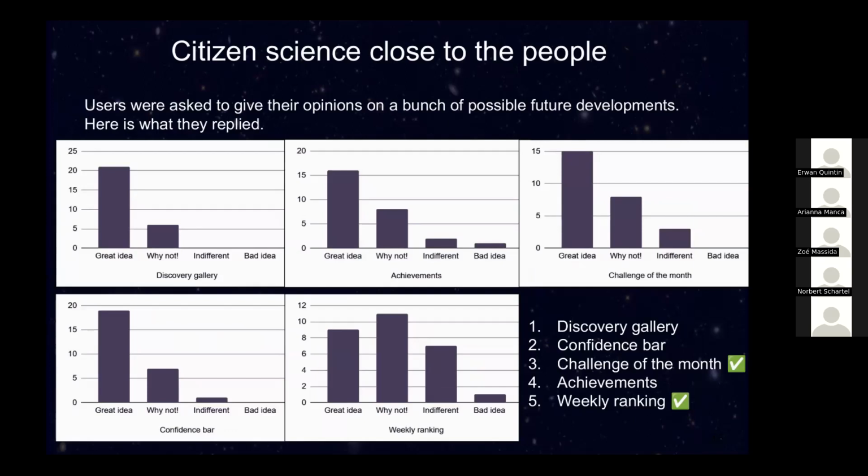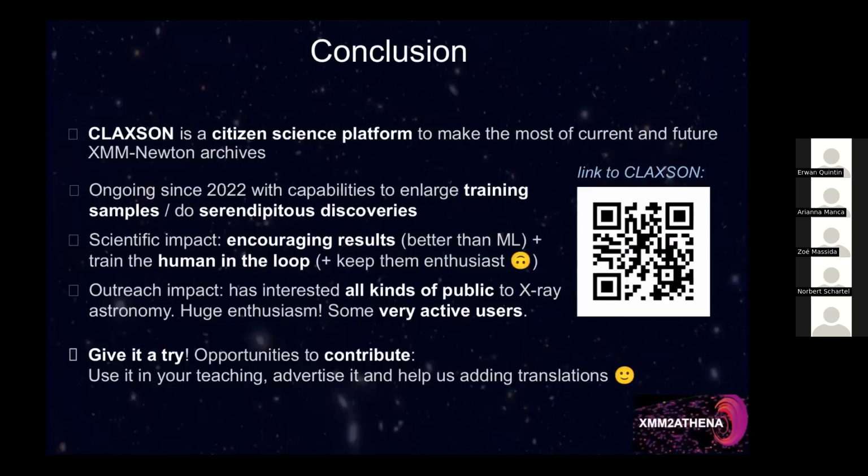The discovery gallery is the one that they want to have, a glimpse at the discoveries that they made as a volunteer community. As I said, we also developed the challenge of the month. So the challenges, not of the month yet, and the weekly ranking.